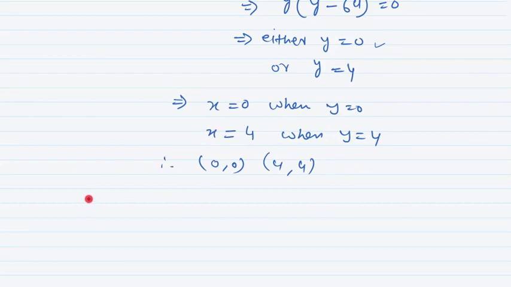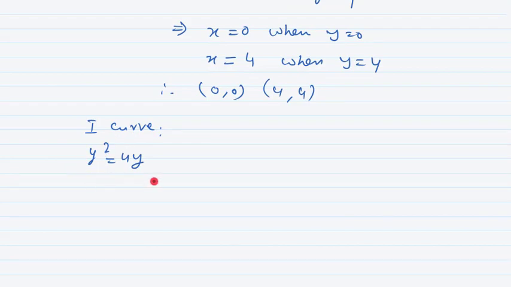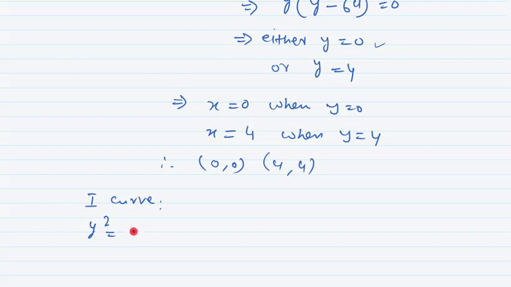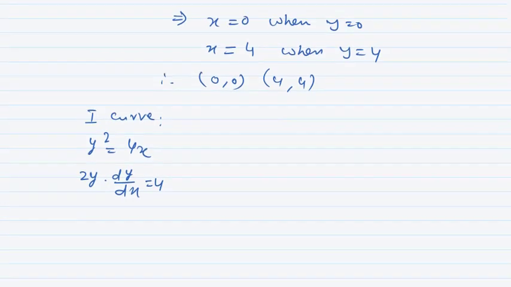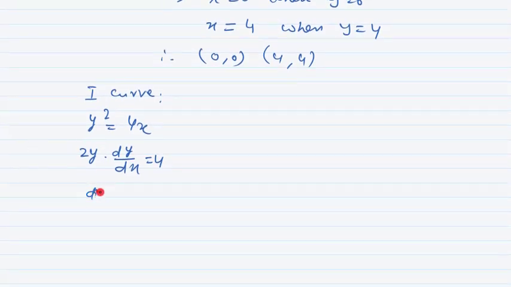So taking the first curve, it is y square is equal to 4x, not 4y. Differentiating both sides with respect to x, we get 2y dy upon dx is equal to 4, and from here clearly dy upon dx is 2 upon y.